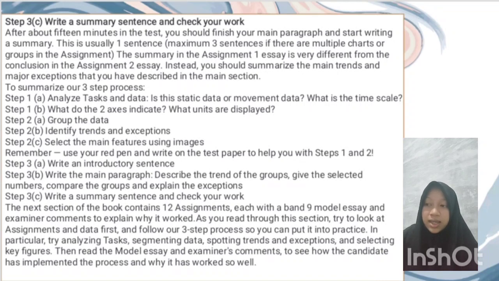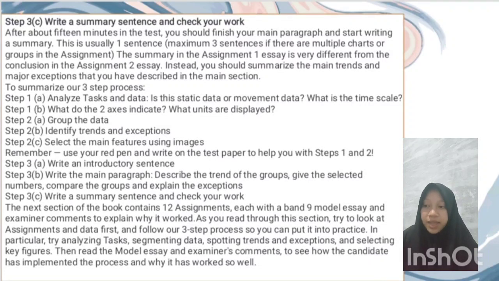Step 2a. Group the data. Step 2b. Identify trend and exception. Step 2c. Select the main features using images. Remember, use your red pen and write on the test paper to help you with steps 1 and 2.